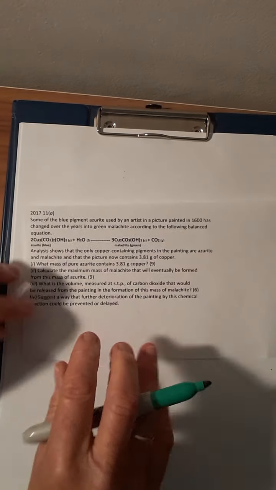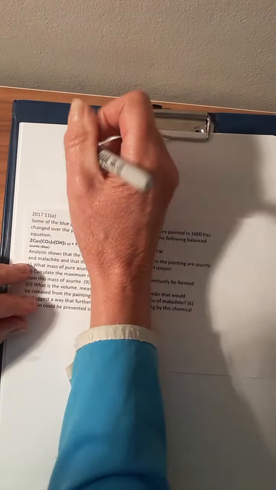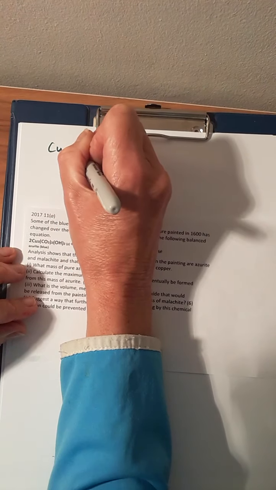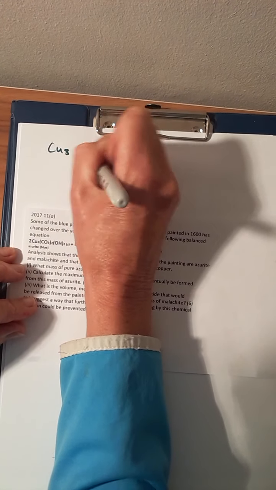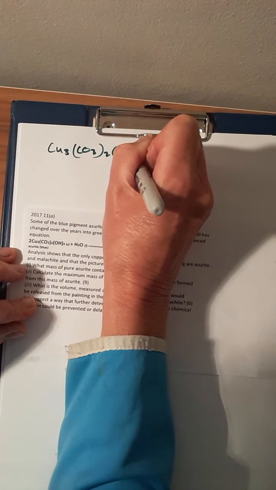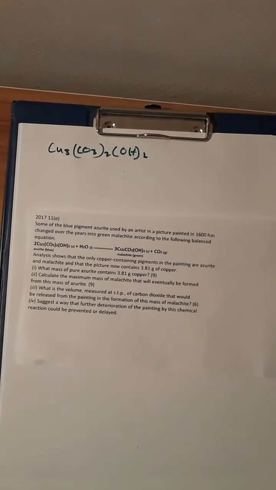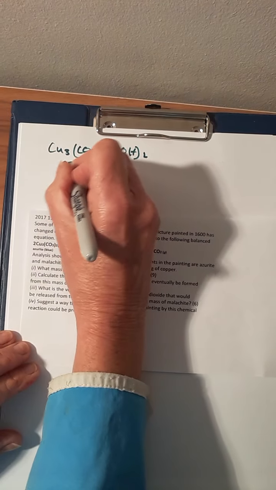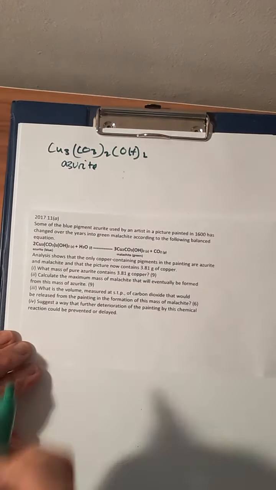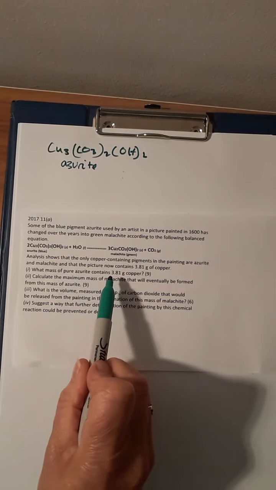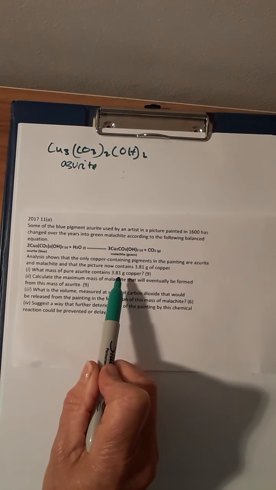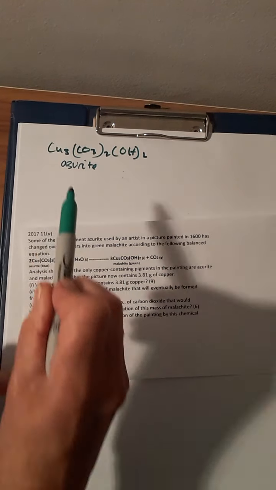So look at your azurite. The azurite is Cu3(CO3)2(OH)2. So that's your azurite. Now then, it says, what mass of azurite contains 3.81 grams of copper? So if you look at the azurite, what's it actually made up of?